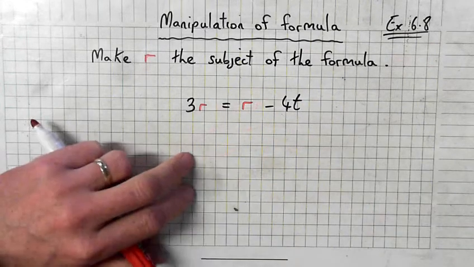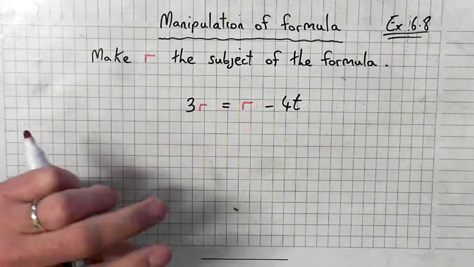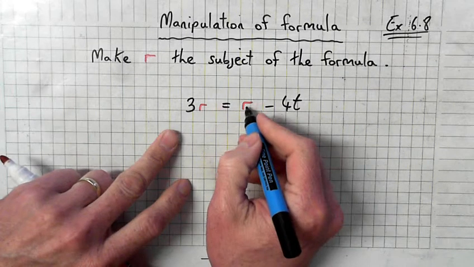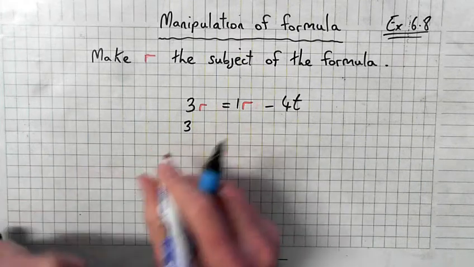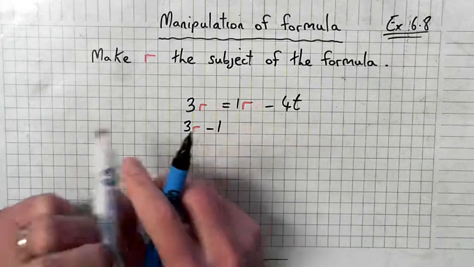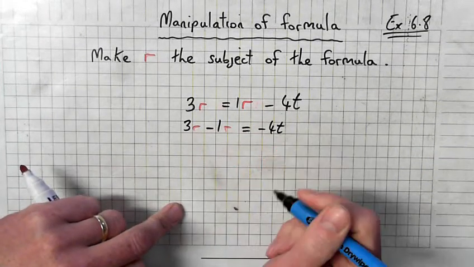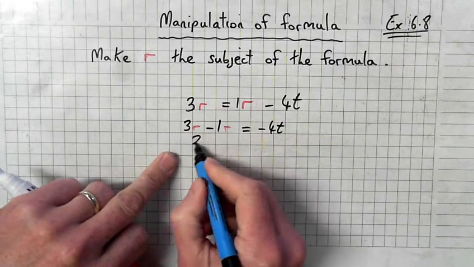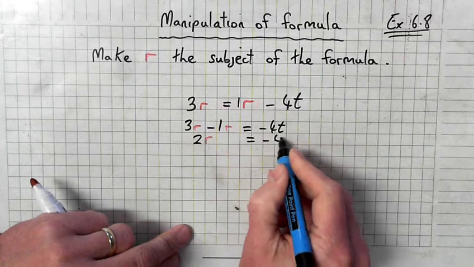Again, make r the subject of the formula. So r needs to be on its own on the left. That's all we really need to do. So that's a 1r again, similar to the last one. 3r, bring the 1r across, and it's minus 1r, equal to minus 4t. Now 3 minus 1 is 2r is equal to minus 4t.